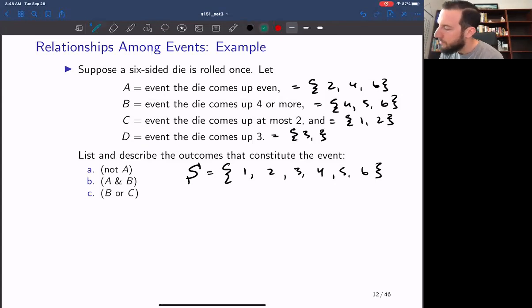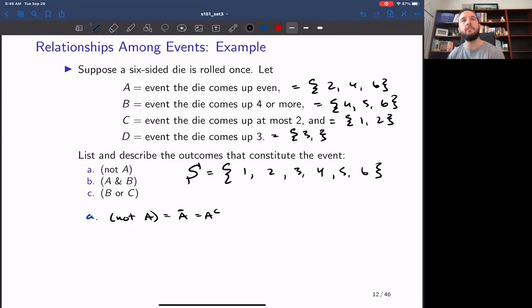Now we're being asked to describe the outcomes that constitute the events. So what we're being asked to do here is not compute a probability. We're simply being asked to list the events that correspond to parts A, B, and C. In part A, we have not A, which is the same thing as A bar, which is the same thing as A complement.